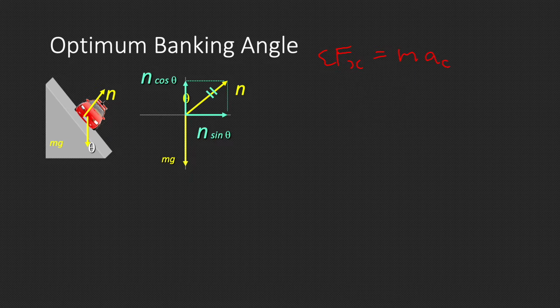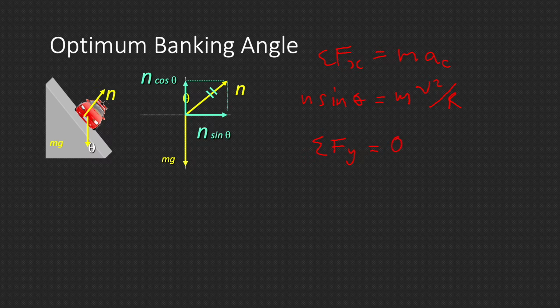So that's equal to n sine theta, since the only force on the x-axis is the x component of the normal force, which is n sine theta, and it's equal to m times the centripetal acceleration, which is v squared over r.